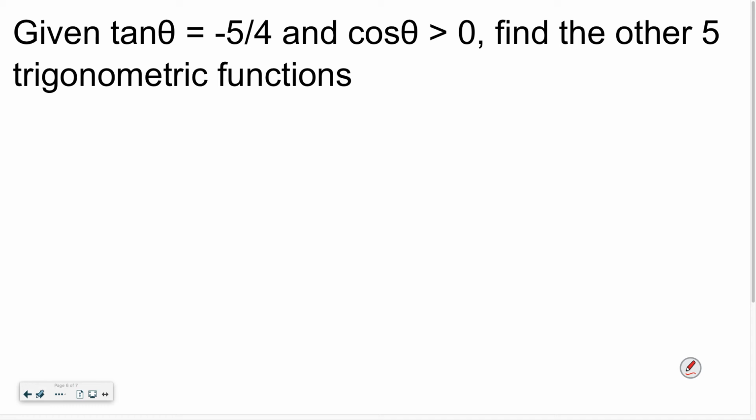Okay, so if the tangent of theta equals -5/4, where is the tangent negative? The second and the fourth. So if the tangent ratio is a -5/4, how do I know where to draw my triangle?